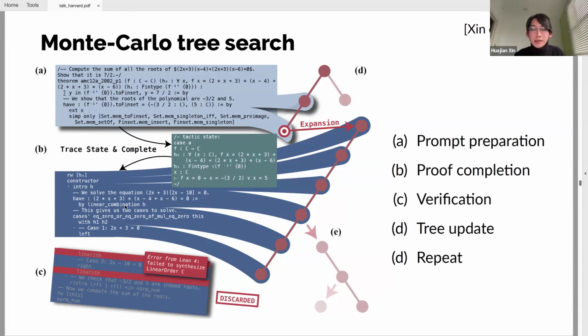If we decide with the tree policy from this state, we continue to generate from this state and generate following tactic applications.